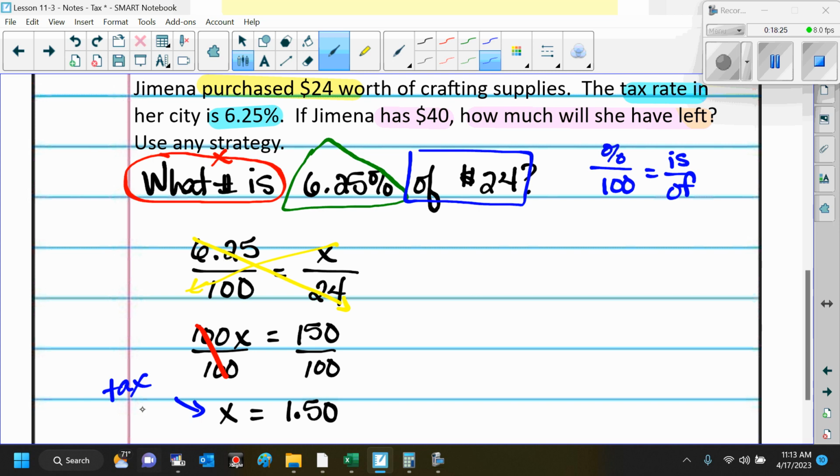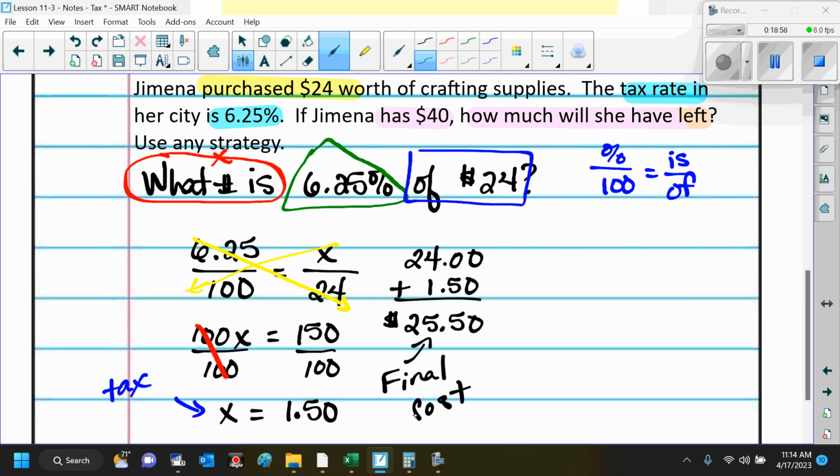Okay? And what do I have to do with that tax? Add it to the sale price. Very good. So we've got $24 plus the $1.50, and that's going to give us $25.50, and this is my final cost, right?